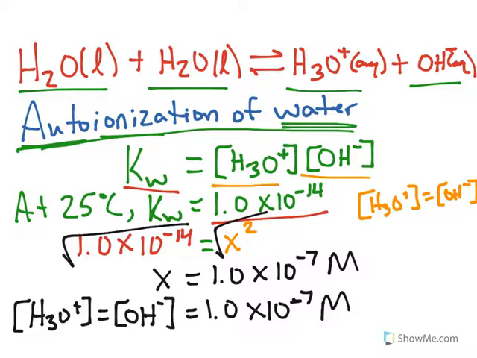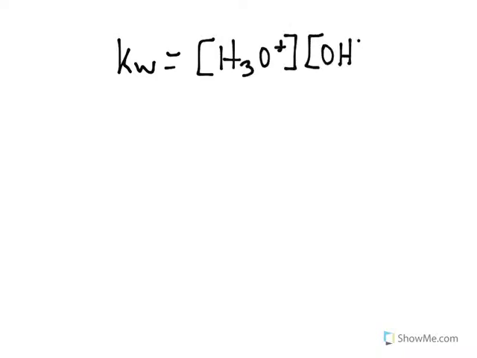So something else to consider here. If this magical Kw, which is equal to H3O plus times hydroxide, is a constant, that 1.0 times 10 to the negative 14th, that means that if the H3O plus changes, the OH will have to change in order to maintain this constant value.